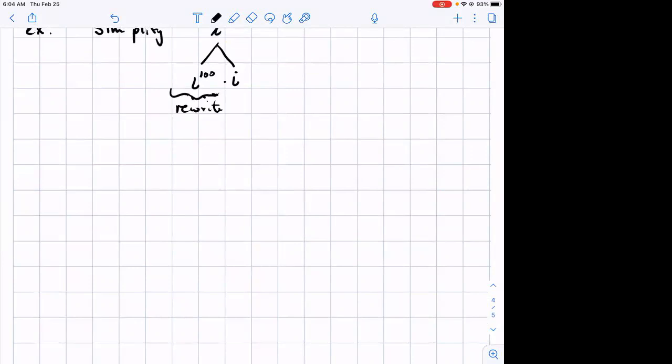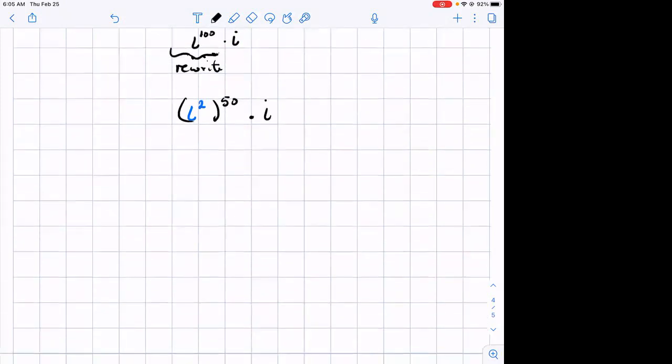So this becomes i squared raised to the 50th power. And don't forget the i we have here. And then we know that i squared is minus 1.